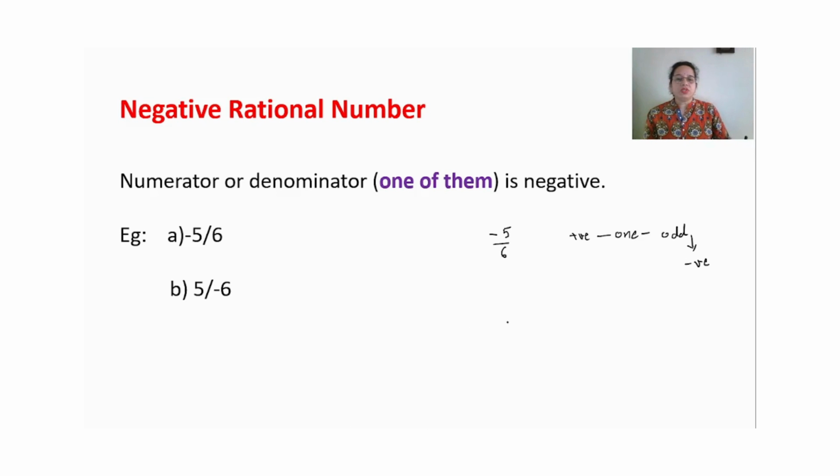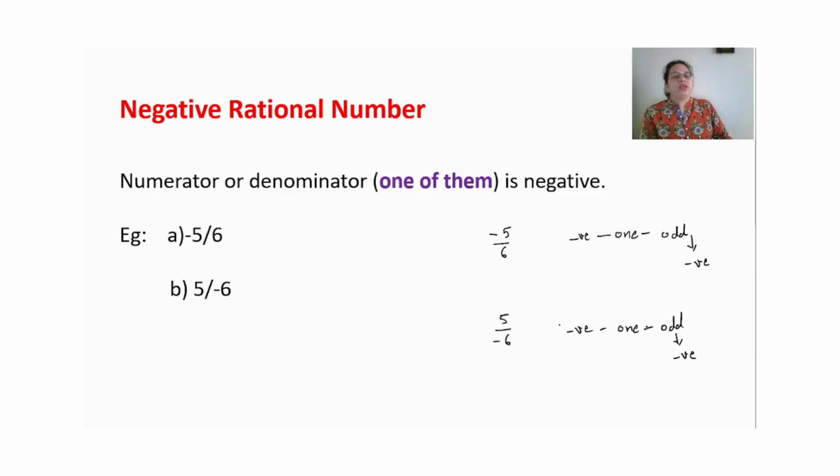Same concept again: 5 upon minus 6. Here also the total number of negative signs is 1. 1 is an odd number, so the final answer will be negative.